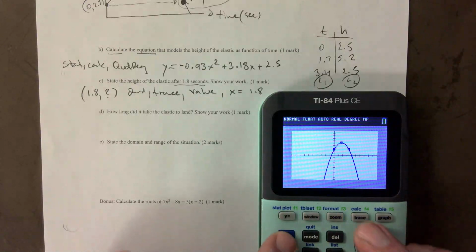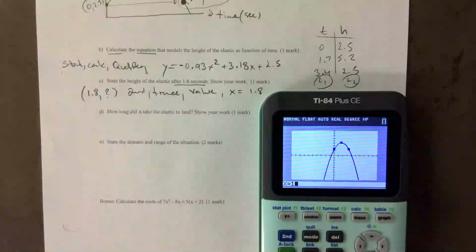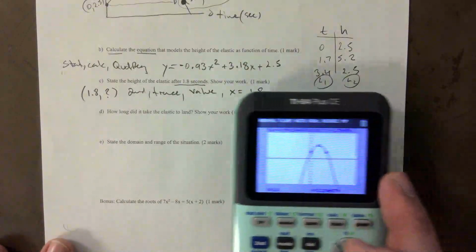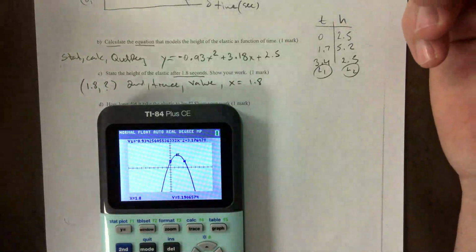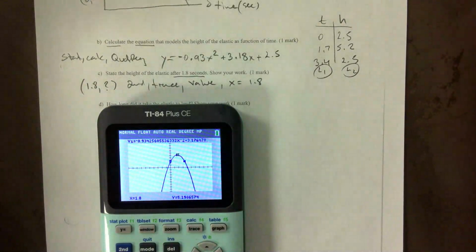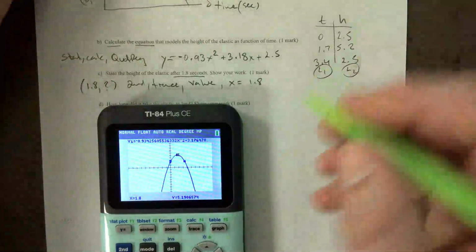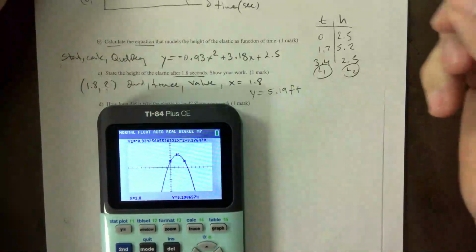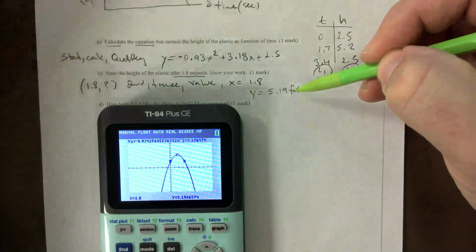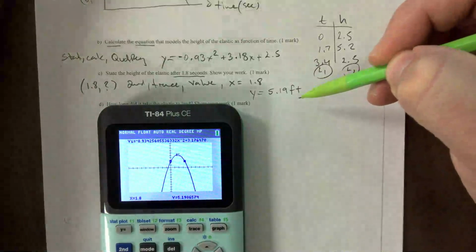So second trace 1, x is equal to 1.8, and it's very close to the vertex, actually. I don't know why I would have picked that point. My bad. It's 5.19 though, right? Y is equal to 5.19 feet. So that would be good enough if you put units next to it.